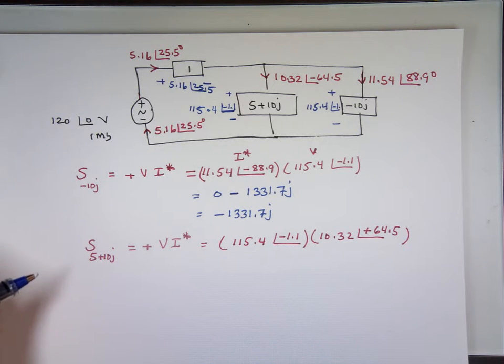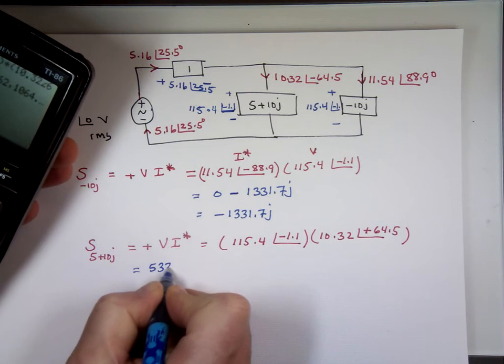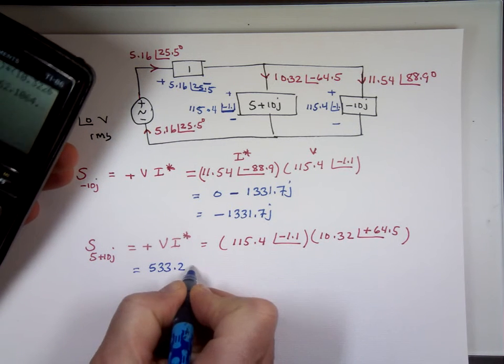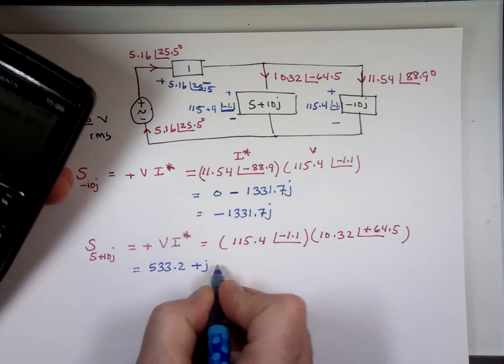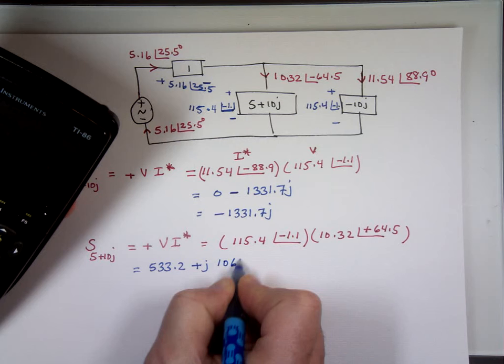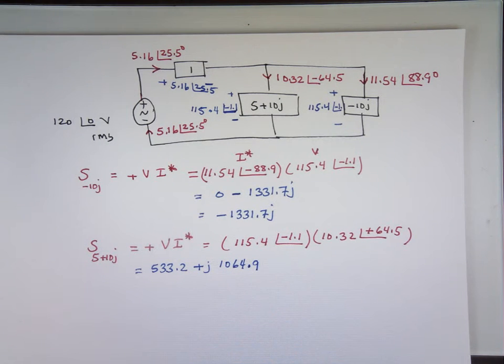And I came up with 533.2 plus j what? 1064.9. Do we have anything close to that? Yep.